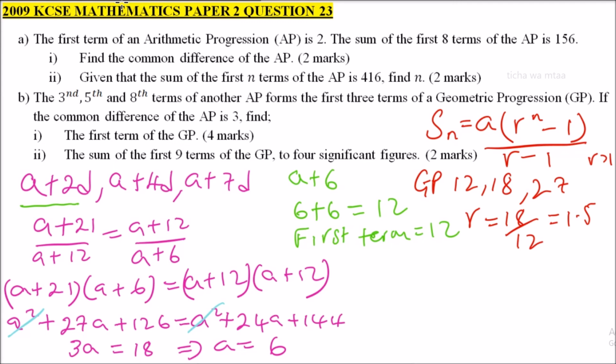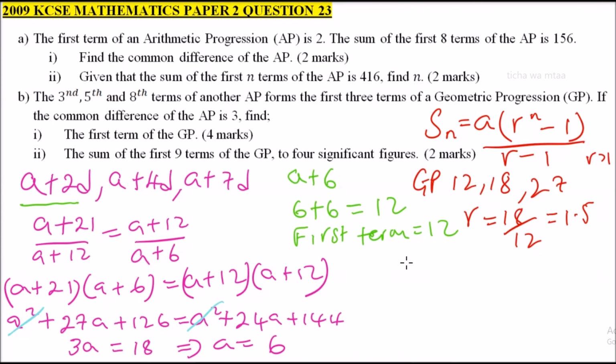So our r is 1.5, which is greater than 1. So from there, we'll say S9 is equal to our first term 12, then our r is 1.5 to the power 9, which is our n, minus 1, all divided by 1.5 minus 1.